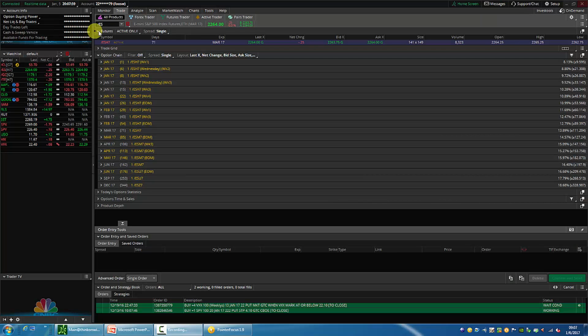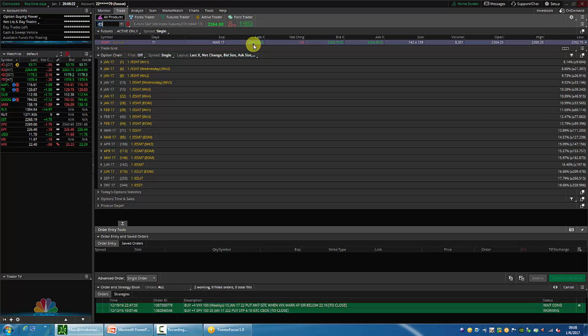On the Thinkorswim platform, the symbol for the Emini S&P 500 is /ES. By default, I think they will show you active only, which is the active month. And now the active month is March 17.